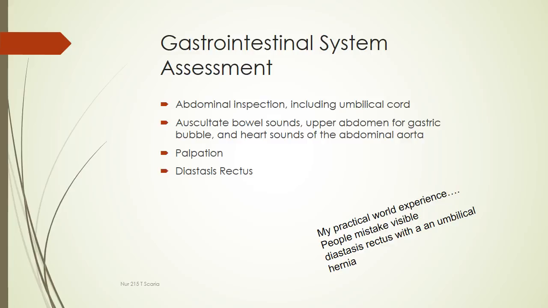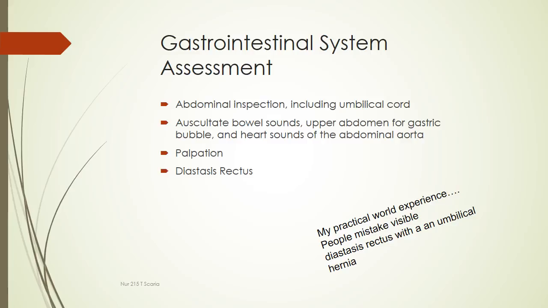When you examine the abdomen, always look for the umbilical cord. There could be a possibility of umbilical hernia. Then another point I want to tell you is about diastasis recti, which you may see on the abdomen like a bulging portion. That is the rectus abdominis muscle, which is not fused completely. So it just separates, and that is why you may feel it is protruding, even when the child is straining too.